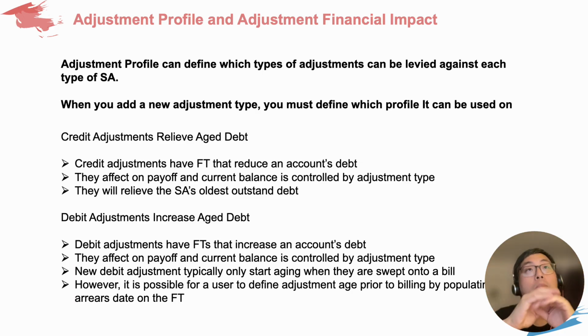So credit adjustment relieves the aged debt. Normally what we see with credit adjustments is, let's say we have a write-off. You will create a credit adjustment on the energy SA, but the same reversed financial transaction will go to the write-off SA.